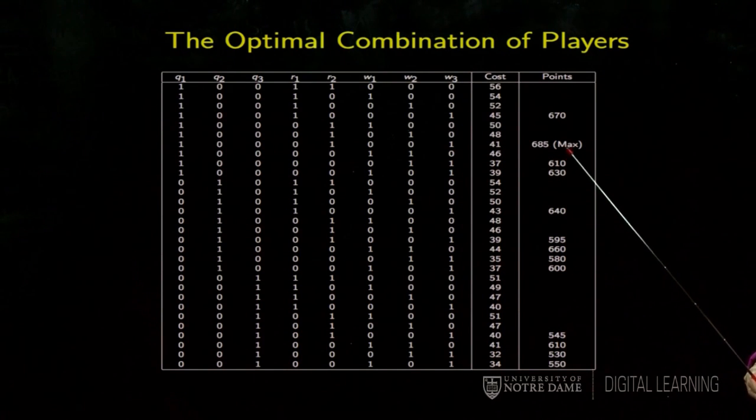That's given by R1, R2, and W3. So that's the combination which gives us the maximum number of points given our constraint, and that's what we should go for.